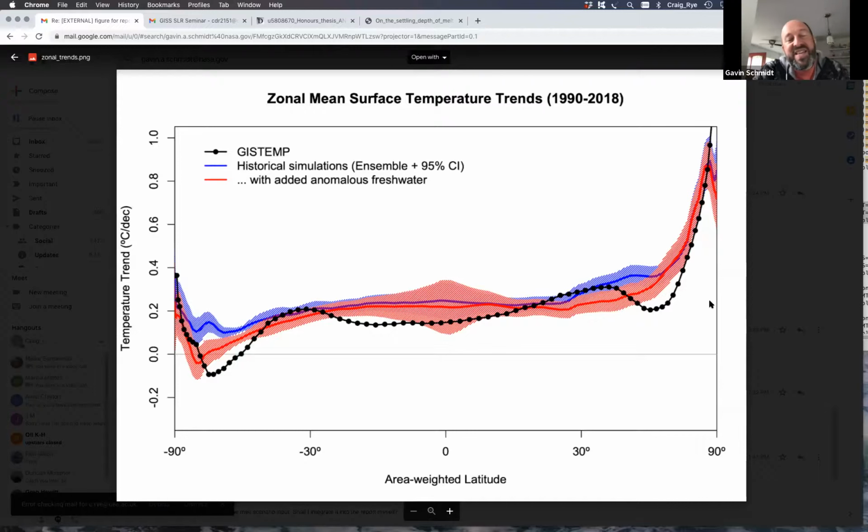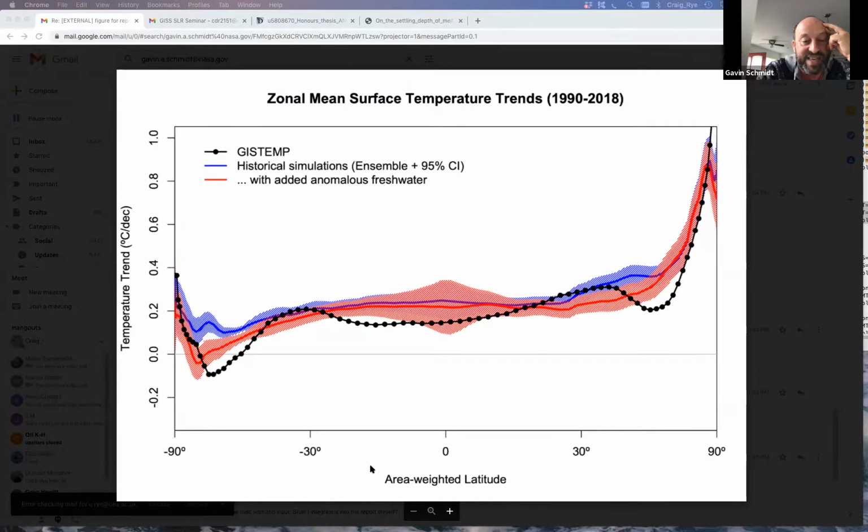But if you look at the whole of the CMIP ensemble, which Craig has looked at, it looks like our blue lines, and you don't get anywhere where there's net cooling. So the anomalous freshwater is certainly of the right order of magnitude to do this, and is kind of key, at least in our runs.